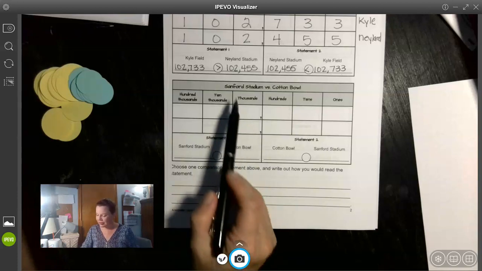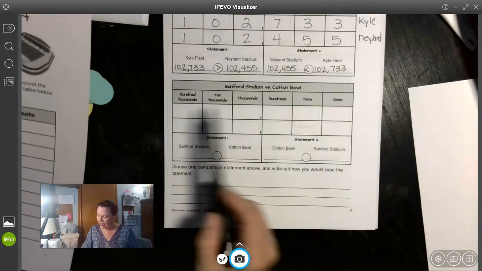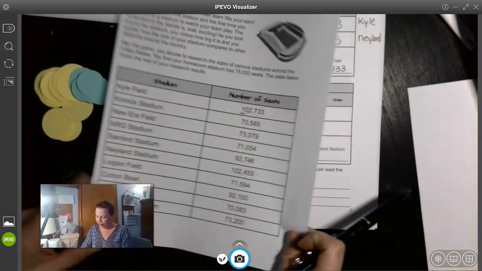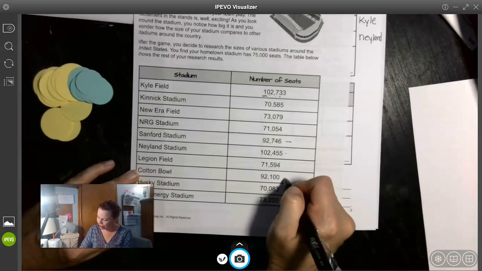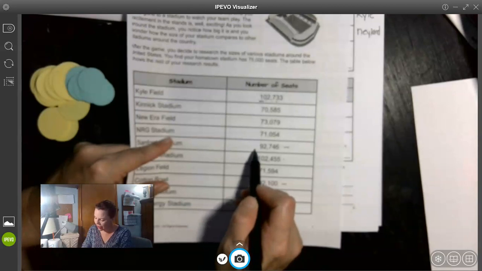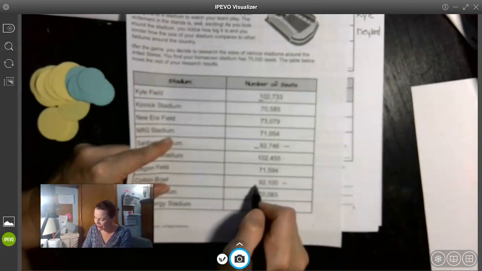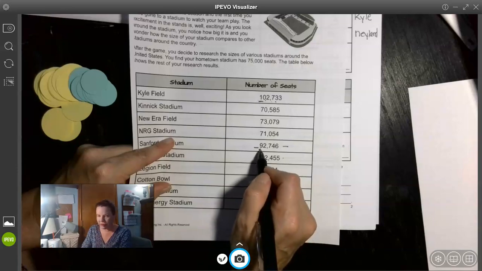All right. Let's look at the Sanford Stadium, which we've already seen once, and versus the Cotton Bowl. So here's Sanford Stadium right here, and here's the Cotton Bowl. So remember, look at these two numbers. We don't have one in the 100,000s. So we need to start with the 10,000s. All right.